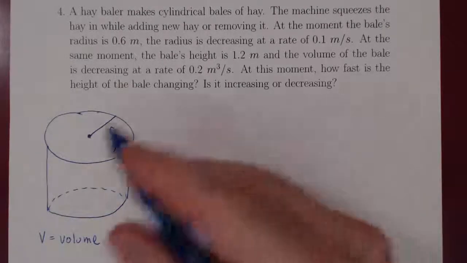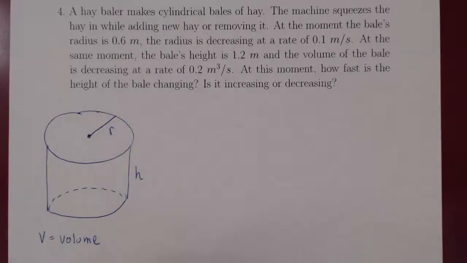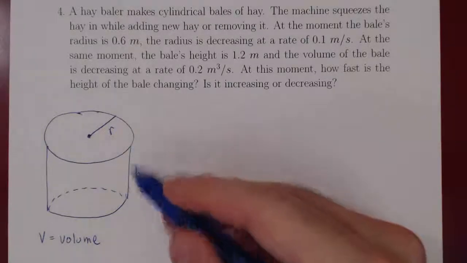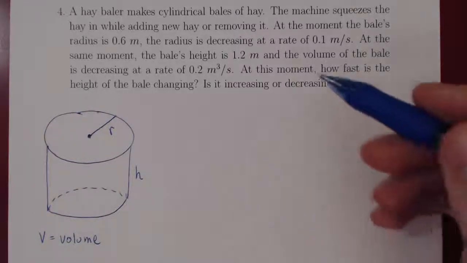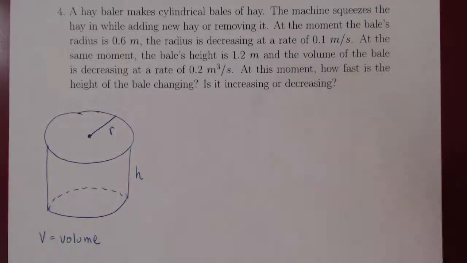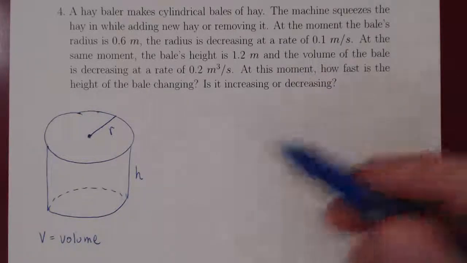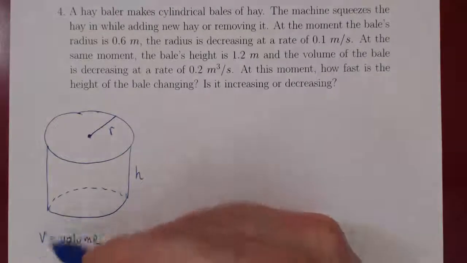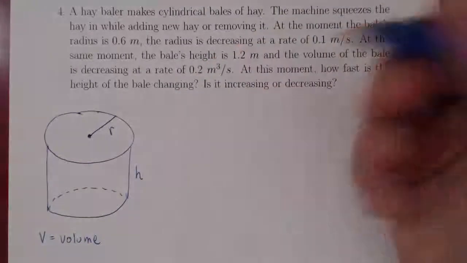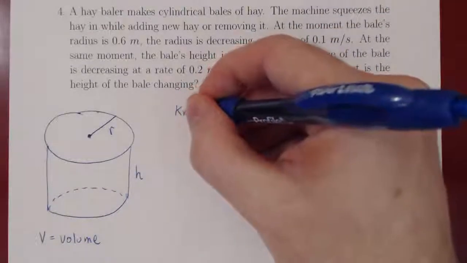Let's write down now what we know about these three variables: the radius of the bale, the height, and the volume v. And notice that all of the three variables are functions of time. Time is the independent variable, and as time changes, the radius will change, the height will change, and therefore obviously the volume. So what do we know about these three variables?